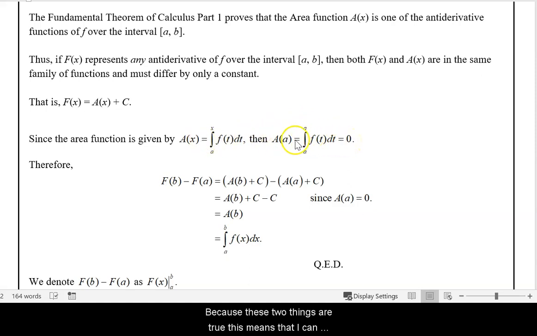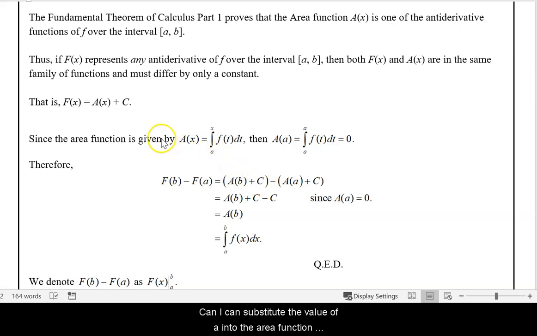Because these two things are true, I can write the difference of the antiderivative function, the unknown one represented by the uppercase letter F, as capital F of b minus capital F of a. Now, since this has to be the area function plus a constant, I can substitute b into the area function plus the constant.